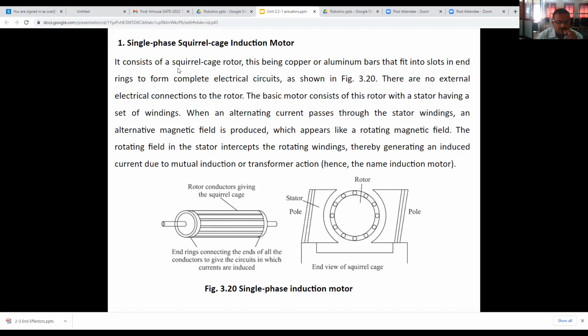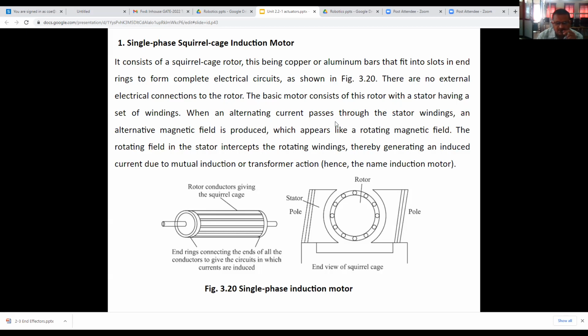It consists of a squirrel cage rotor, these being copper or aluminum bars that fit into slots in end rings to form complete electrical circuits as shown in figure 3.20. There are no external electrical connections to the rotor. The basic motor consists of this rotor with a stator having a set of windings.